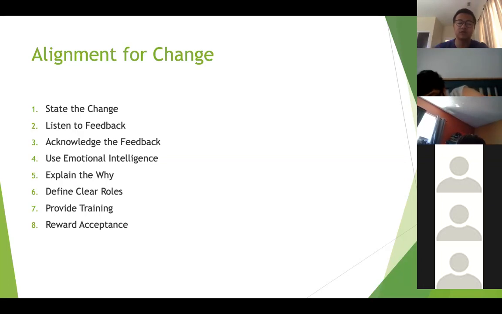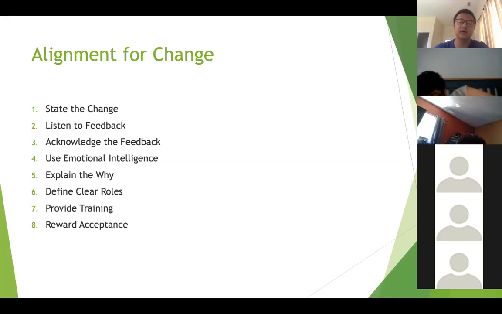The fourth one, use emotional intelligence to move your employees or members. The fifth one is explain why. So why we want to make the change and how we want to achieve it. Okay, the sixth one is define clear roles for each person.